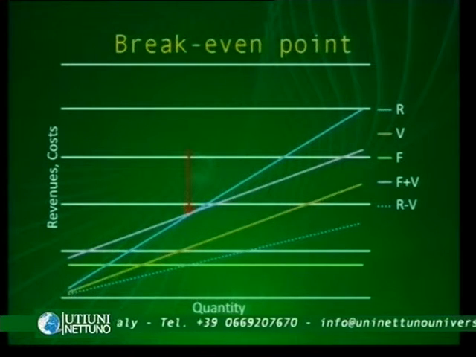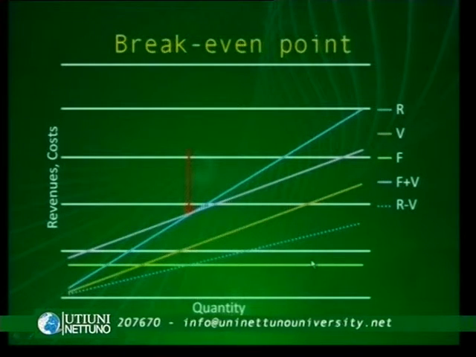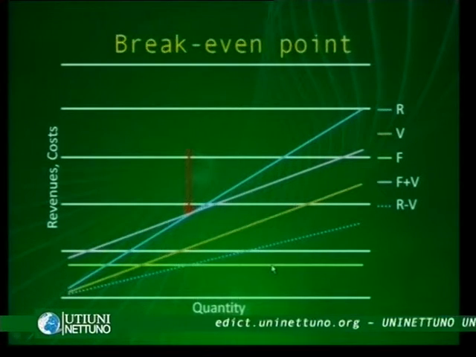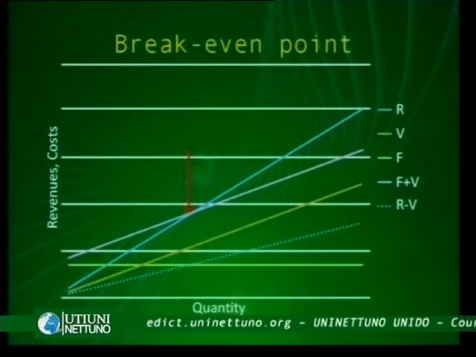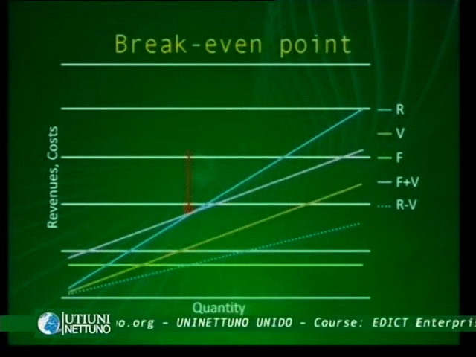So also in this case we have an increase of this line that is proportional to quantity according to this specified function. Then here we have the fixed costs that are represented by the green line, consistently with the assumption that we made before. The fixed costs do not change with quantity, so you can see that the fixed costs are constant for any level of quantity, and the green line is flat, so it's not sensitive to quantity.